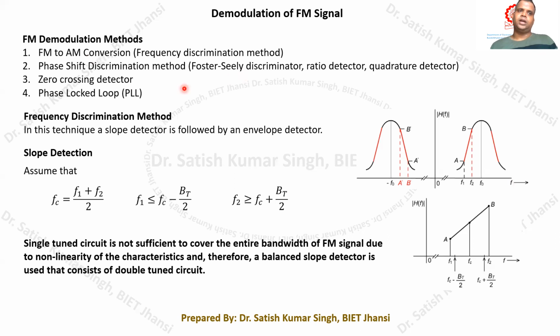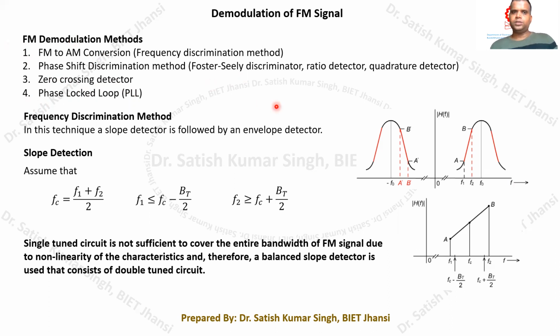The third one is the zero crossing detector, and the last one is the phase locked loop. Remember that the PLL method is most popularly used for demodulation of the FM signal. Why it is used, I will tell you later on. Today in this lecture, I'm going to talk about the frequency discrimination method by using the tuned circuit.